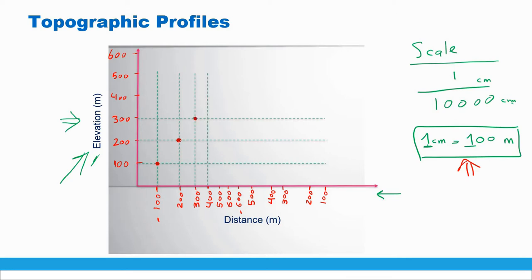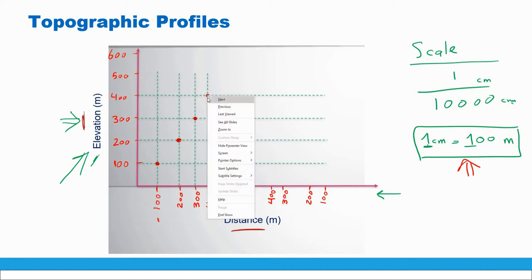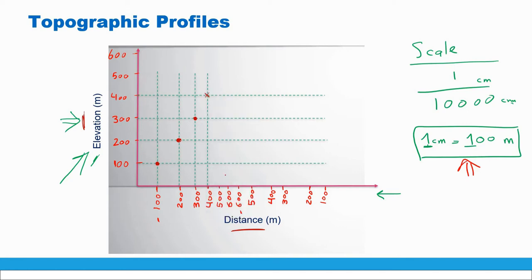For 400 meters, just the intersection point between the elevation and along the distance. So this is the elevation here along the distance, we are just locating the changes in topography. Now for 500 meters, the same. This is the line along the AA prime line, and this is the line along the vertical axis. I will draw a dot or little cross for 600 meters. This is the intersection point.